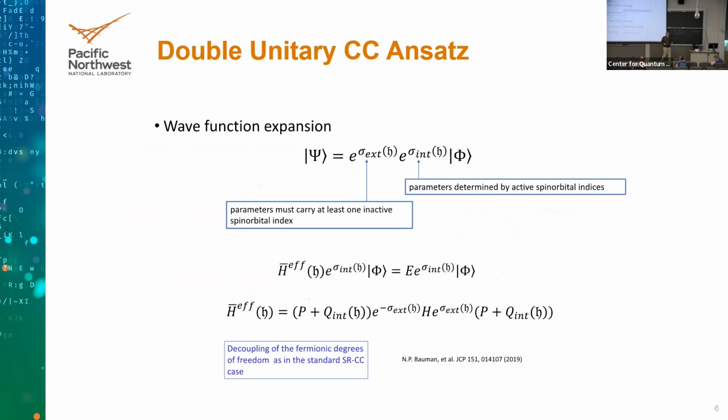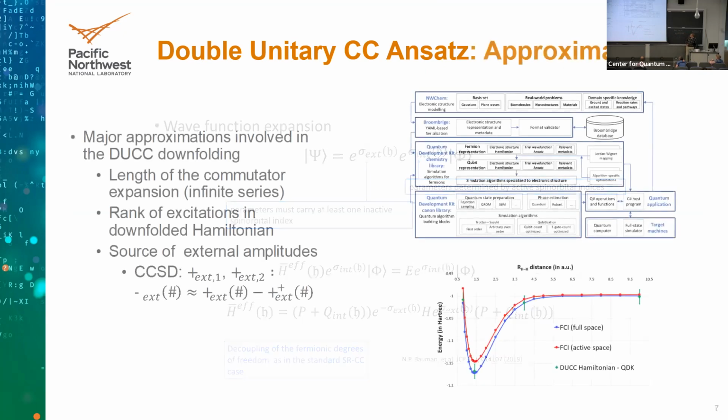So if you want to make practical use of this, you have to come up with approximations which approximate this expansion and approximate this external part, right? And I guess we have some ideas how it can be done. For example, we are using commutator expansions to approximate those non-terminating expansions, a finite rank expansion.